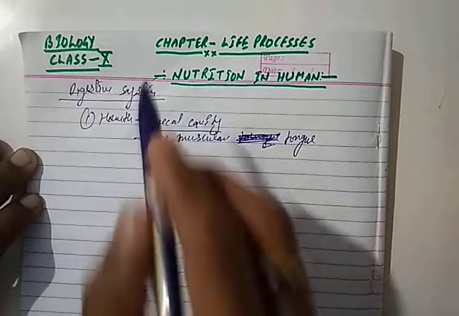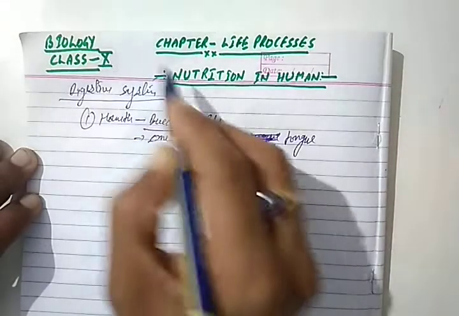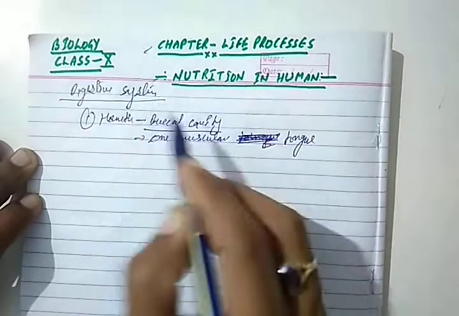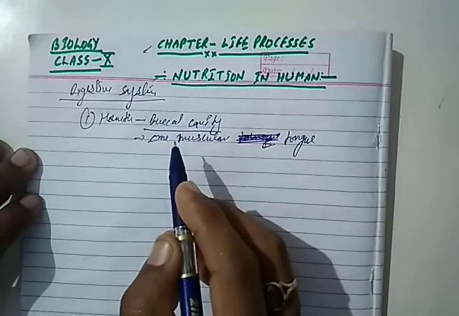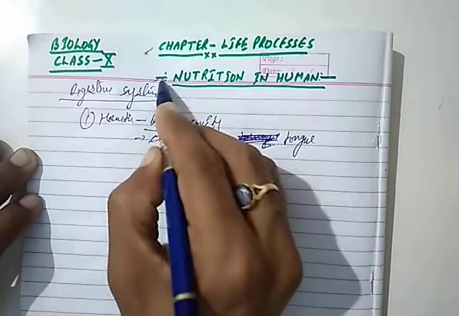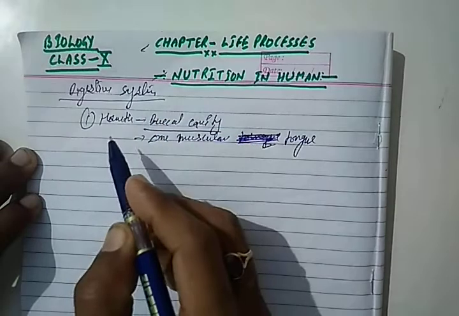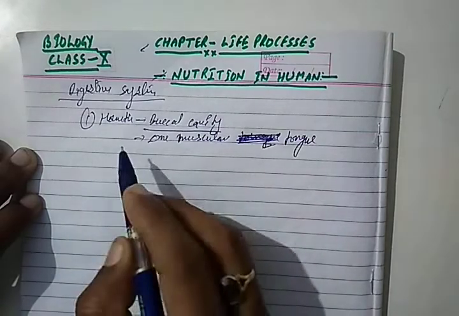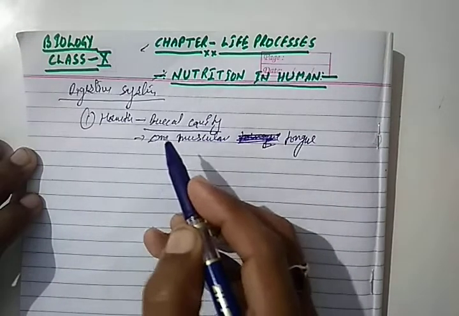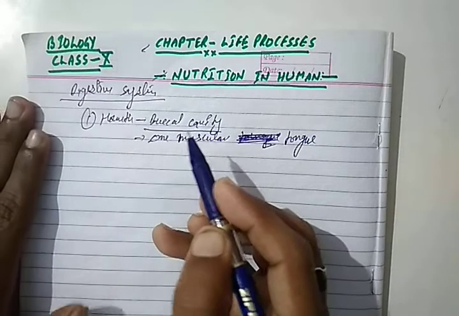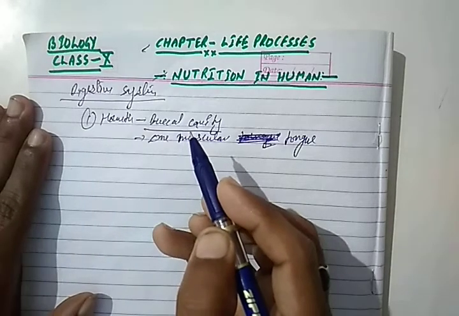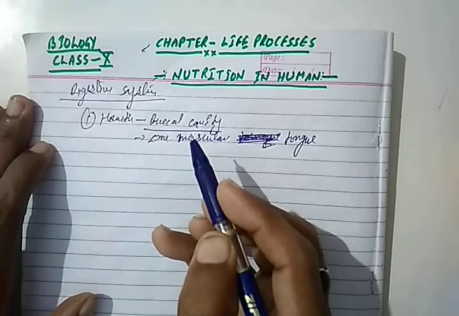In our previous lecture we studied the first chapter, life processes, and we studied nutrition in human. We studied the digestive system of human beings. The digestive system is divided into two parts: first is the alimentary canal, and second is the digestive glands.